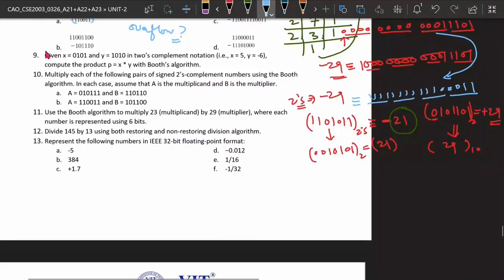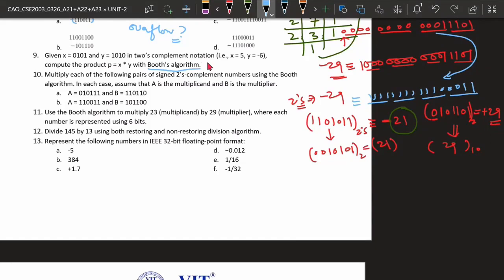The next numbers are x is equal to this one, y is equal to this one, in 2's complement notation, and their decimal equivalents are 5 and minus 6. Here you need to find the product of x and y using Booth's algorithm. We have already gone through an example in the class of how we can proceed with Booth's algorithm.